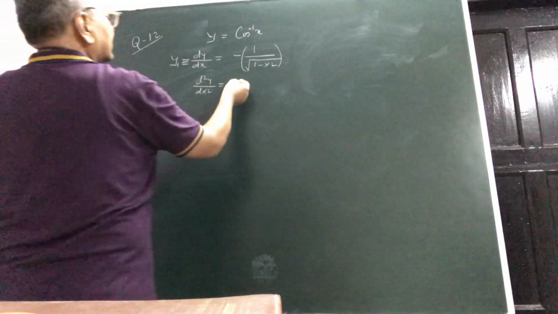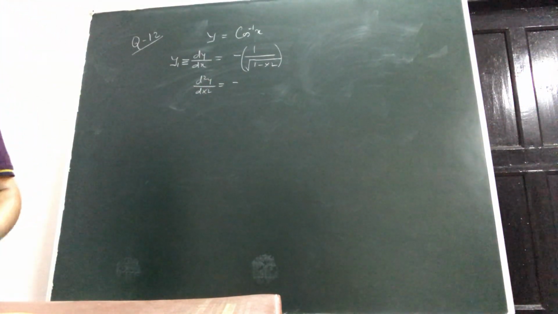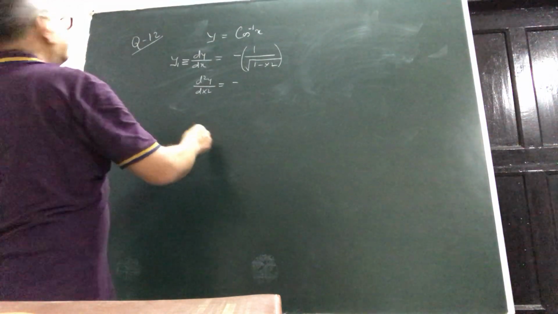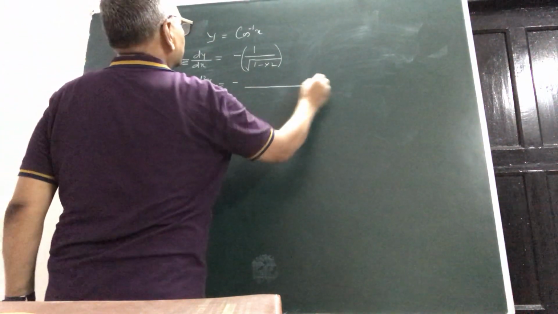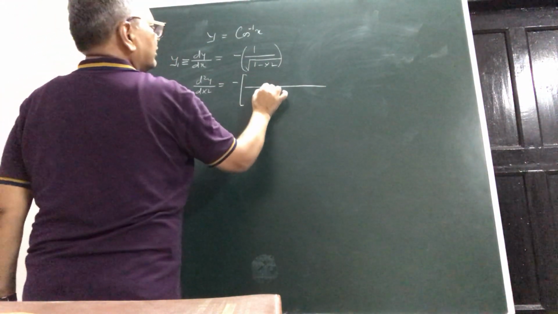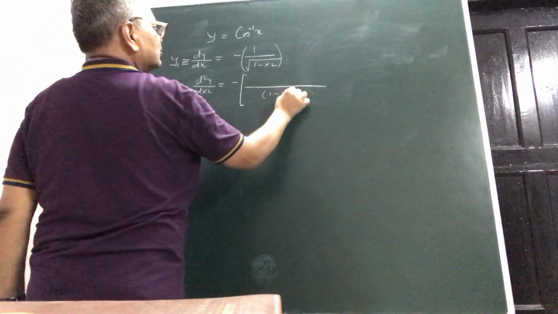It is minus. Now what is it? It is in the form of a quotient. So what you can write better is, the minus you can take outside, being constant. So it will be denominator square, 1 minus x square.